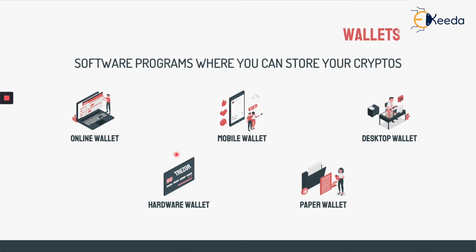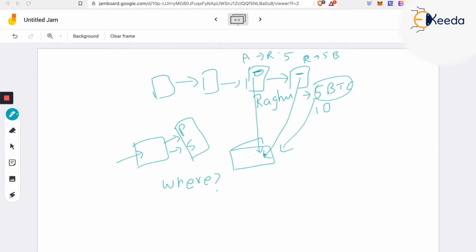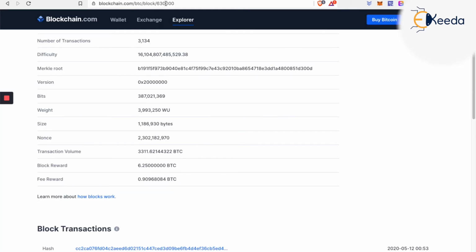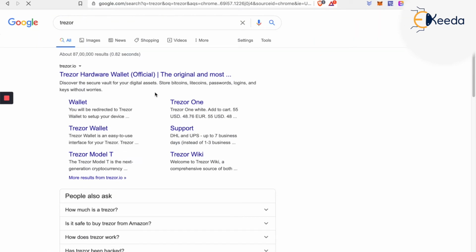Okay, coming to hardware wallets, one of the most secure ways to store your cryptos is the hardware wallet. When I talk about a hardware wallet, it's a hardware device, as the name suggests. So you can go online and search for, let's say, Trezor or Ledger Nano, right?